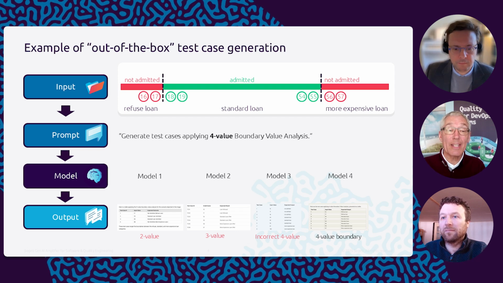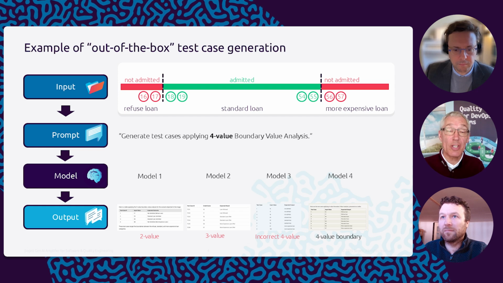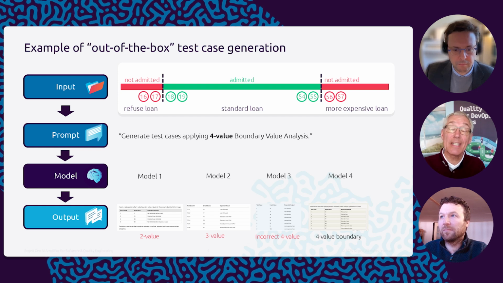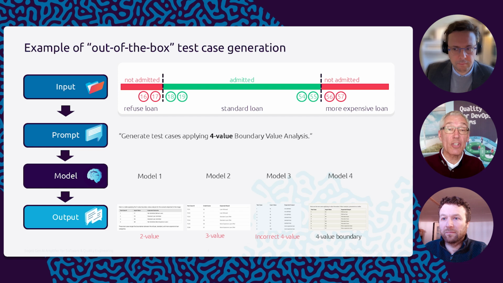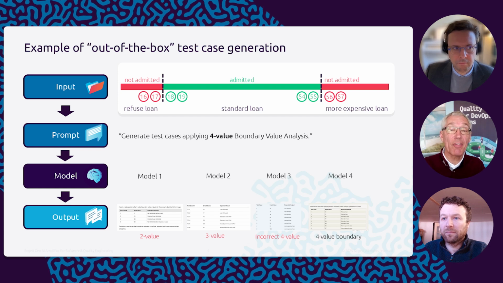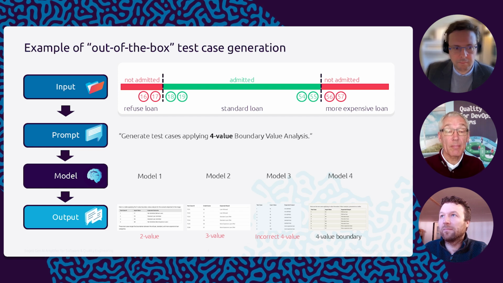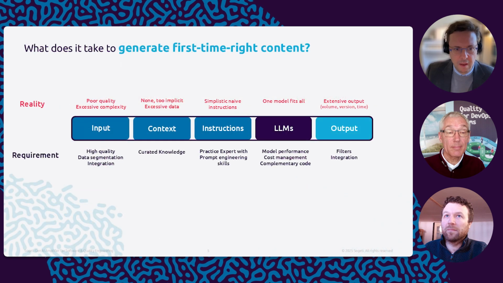So that's why you need more than just a simple plain prompt, and that's basically the reason why the Gen AI amplifier was created.